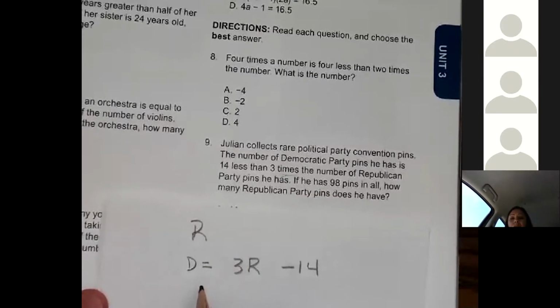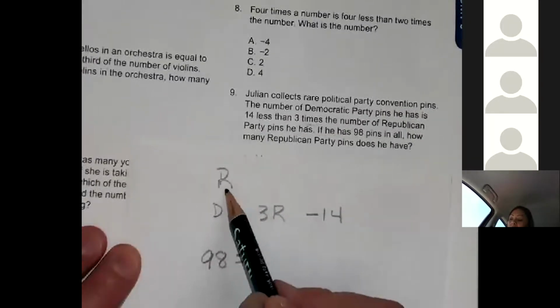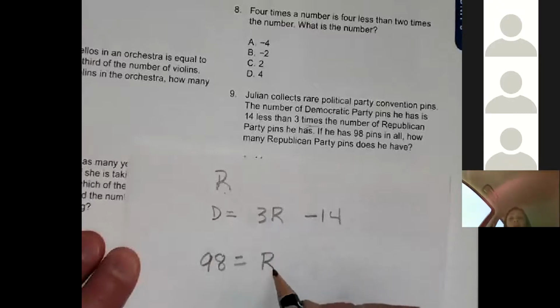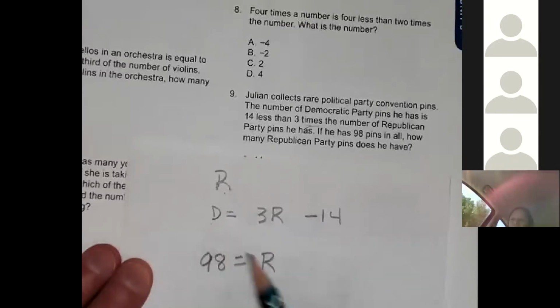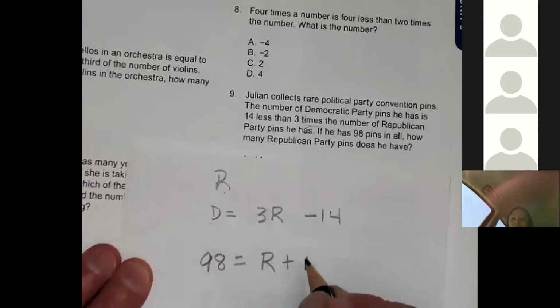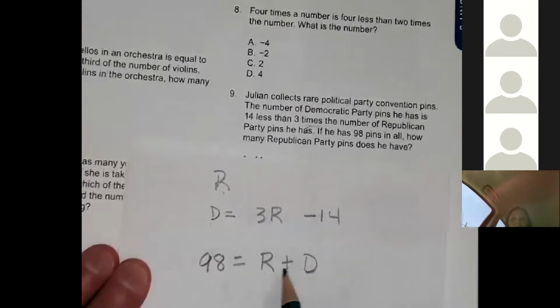So here, to get 98, I'm going to have to add up the Republican pins plus the Democrat pins. If I go plus D here, I can't solve that because I have 2 different variables.